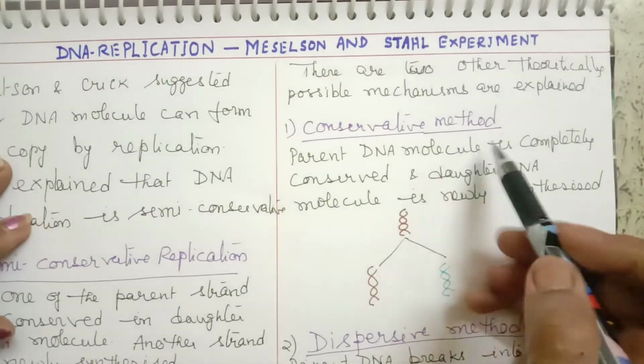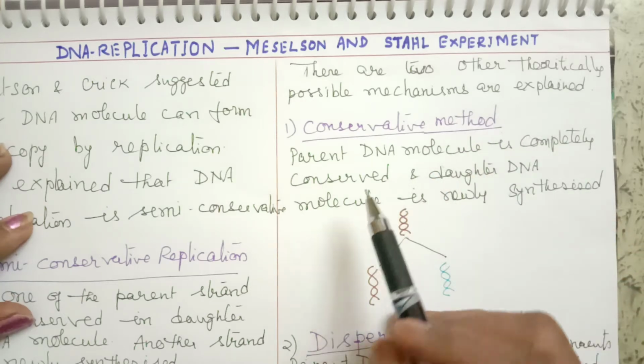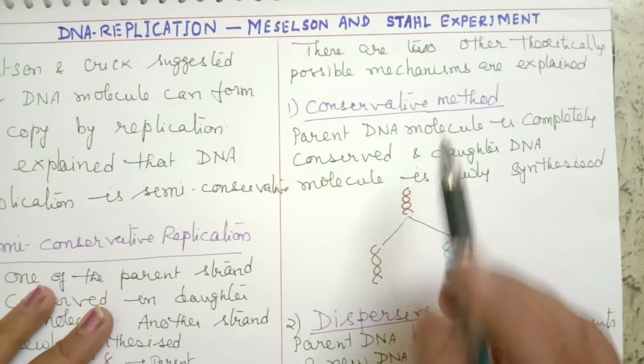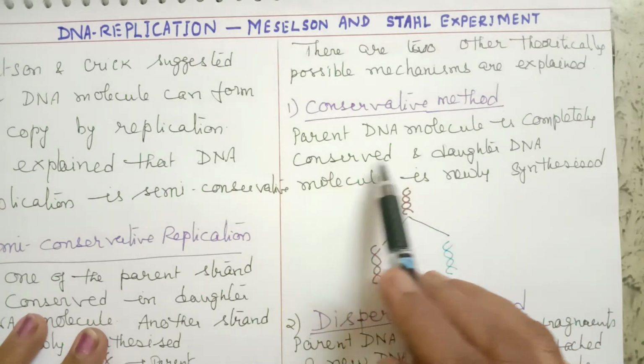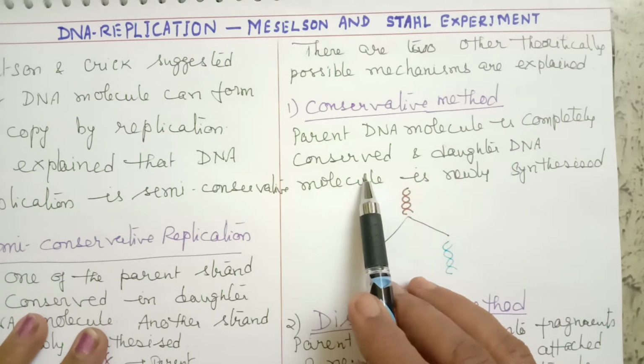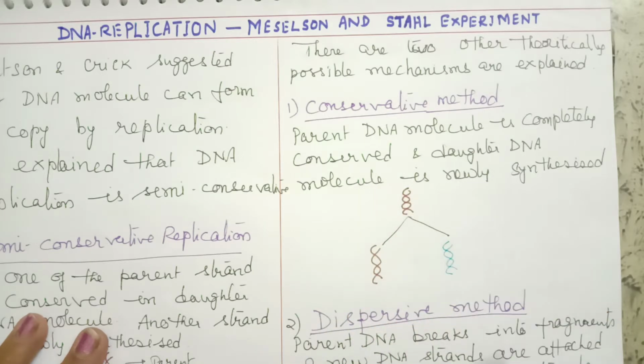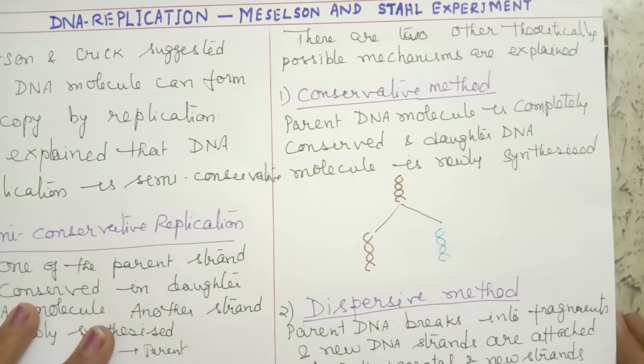Another mode of replication which is theoretically possible is the conservative method. In the conservative method, the parent DNA molecule is completely conserved and the daughter DNA molecule is newly synthesized.